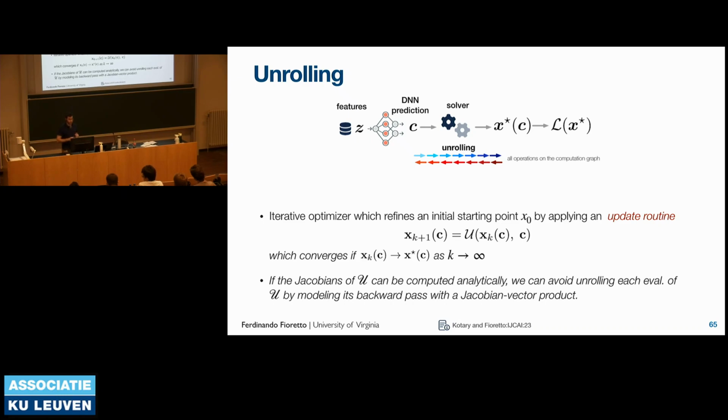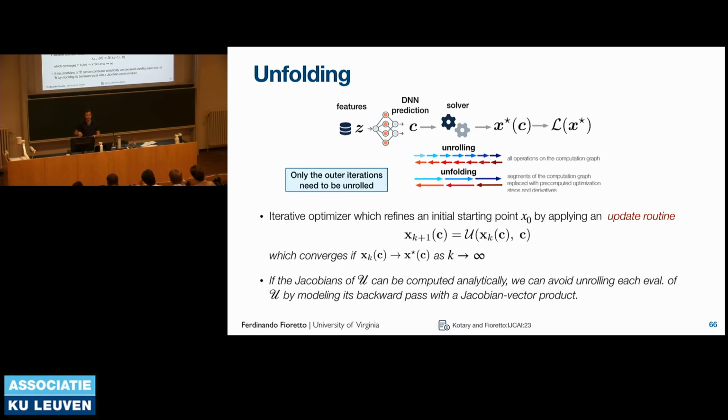Because we can just model the Jacobian path with the Jacobian vector product. So imagine now that I give you the Jacobian of this step u analytically. What you're left doing is not unrolling this function u, but just unrolling the steps x1, x2, x3, and so forth, right? So this intermediate step here, we call it unfolding.